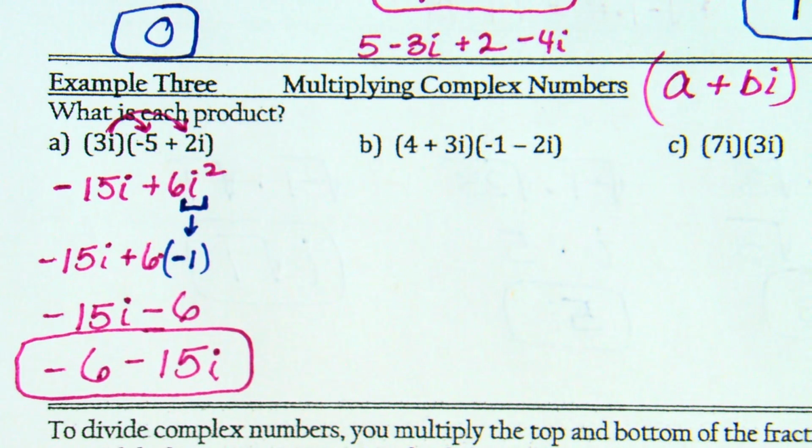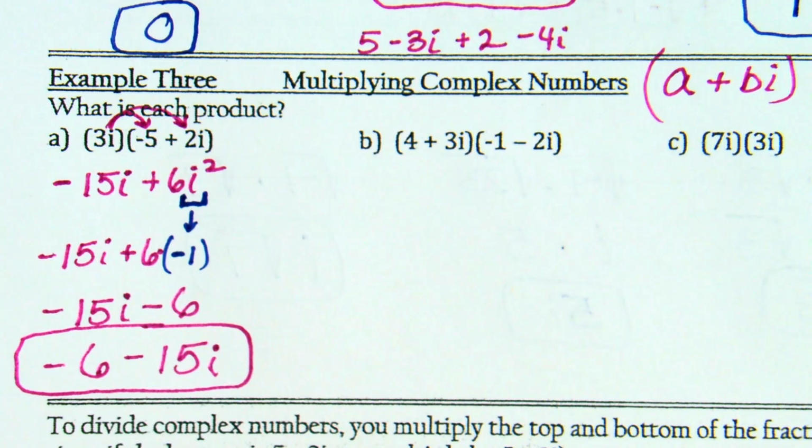Okay, let's try B. 4 plus 3i times negative 1 minus 2i. What do we have to do to multiply B? What's that word? Okay, distribute.